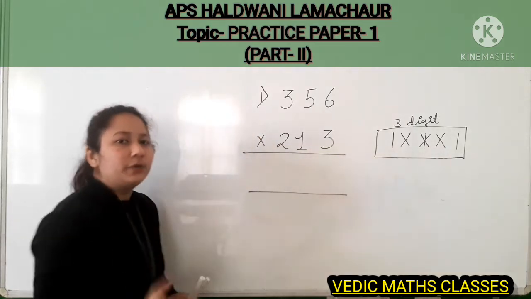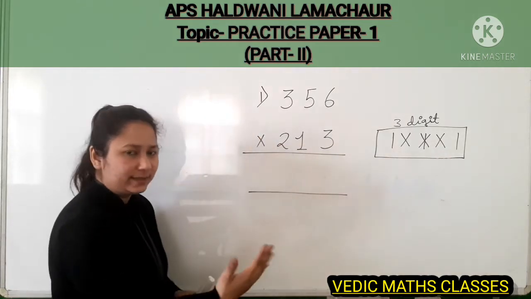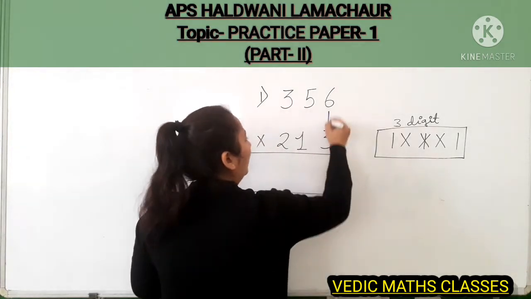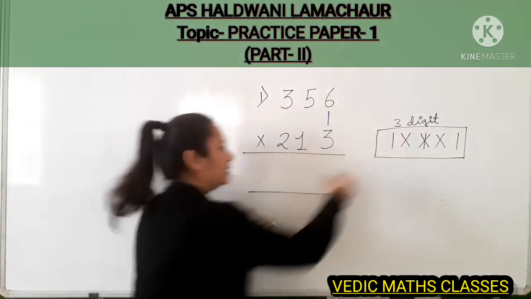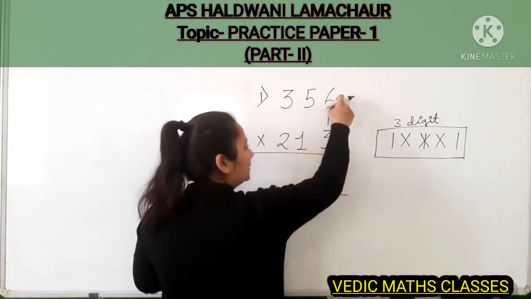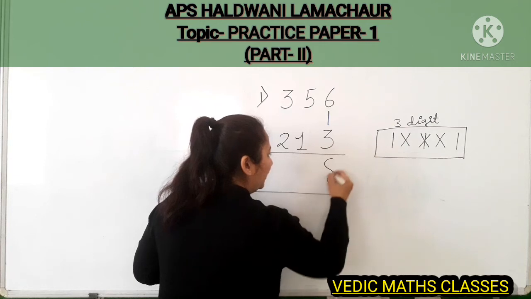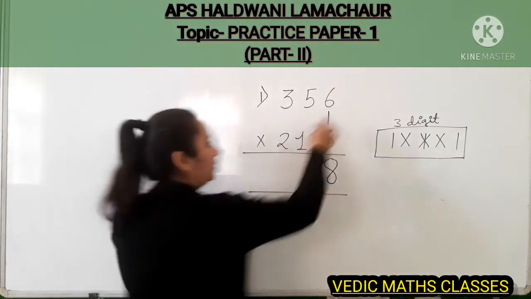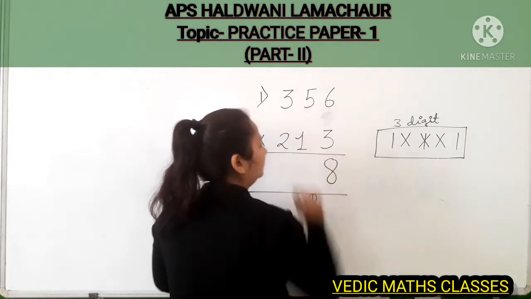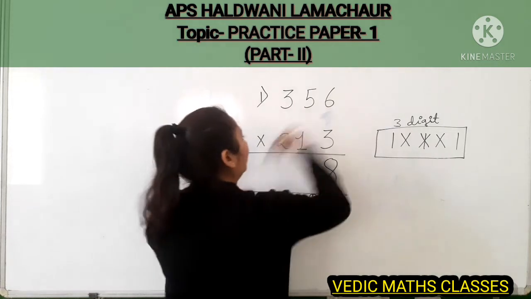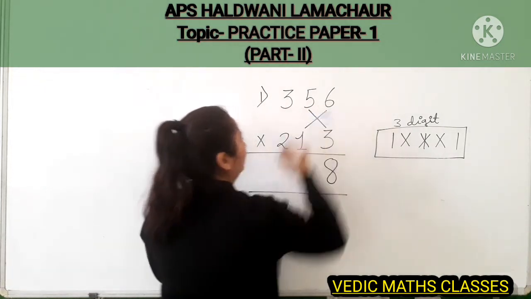Now, you have to start your calculation from the right hand side. Now, let's start. First of all, I. Now, multiply them. 6 3s are 18. 8 here. 1 will go carry. Now, after I, 2 digits we will take. 1, 2.